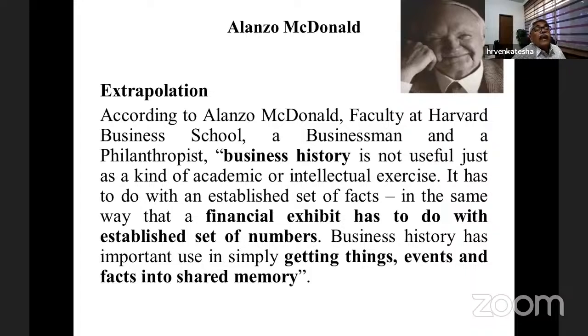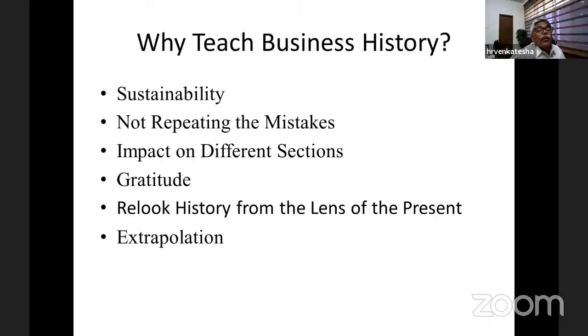I titled it extrapolation. As you know, I have explained why we have to study business history: for knowing sustainability, not repeating the mistakes, impact on different sections, to show gratitude, to relook history from the lens of the present. And the last and most important one is extrapolation.